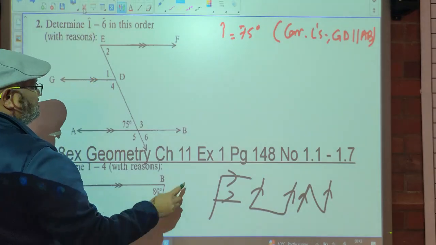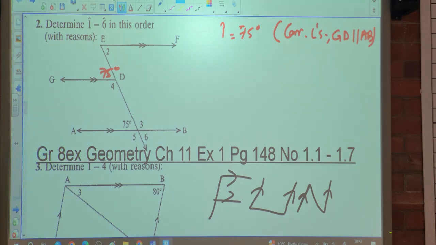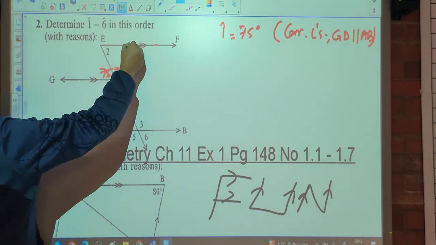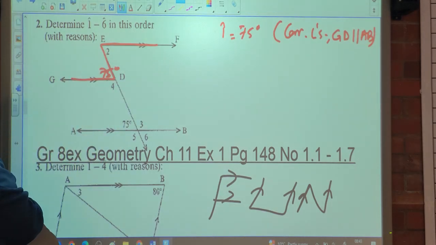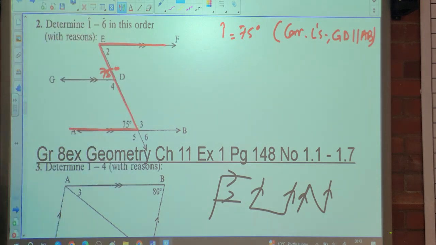Alright, so I'm going to put 75 degrees. Number 2. Now I'm going to calculate angle 2. Alternate angles. It's either alternate to angle 1 or alternate to 75 degrees. Can you see that, people?